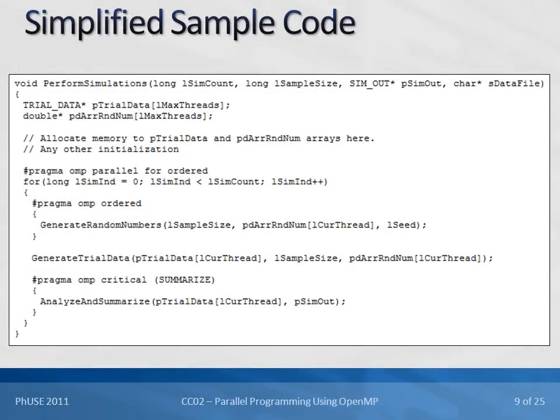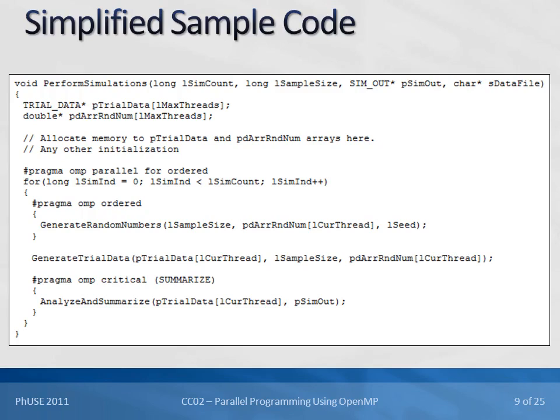Okay. Here is a simplified sample code. This code is written in C, and it's highly simplified. The actual code is much more complicated than this, but I think it serves the purpose today. So I just perform some initialization in the beginning, allocate memory, things like that, and then there is this loop that's going to execute the core steps of the simulation.